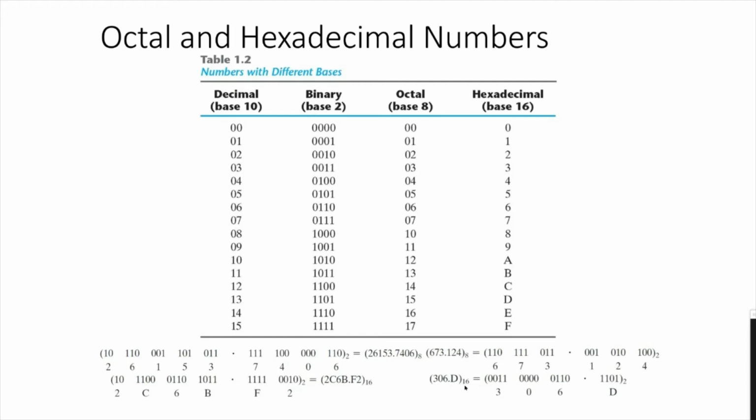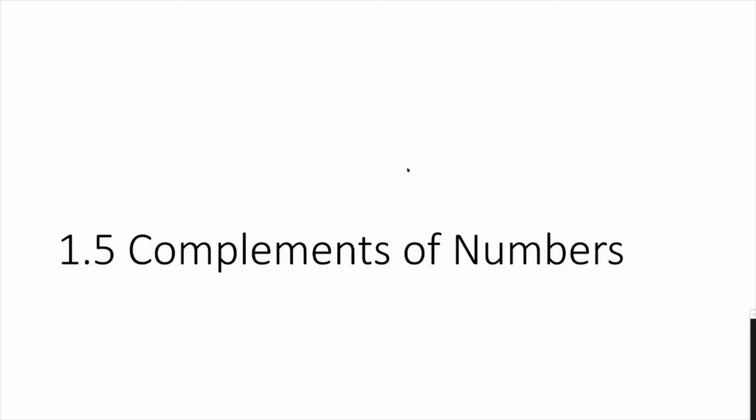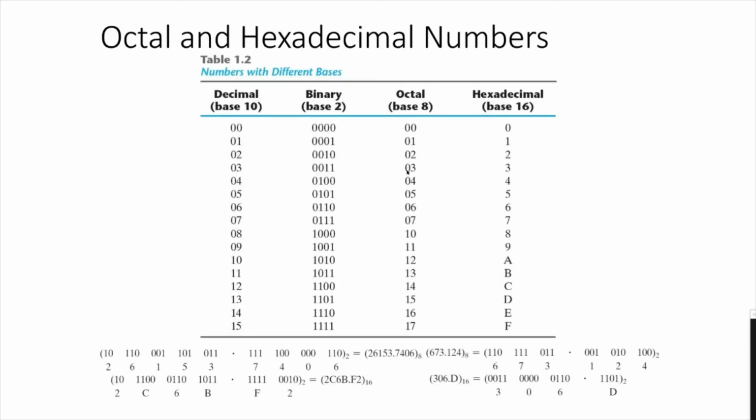This is going from base 16 to base 2. Okay? And that's pretty much it for going between octal and hexadecimal numbers, or in this case, we're going between the different bases of the number systems. So you can take a look at some of the examples in the text to see that done. But that's the basic process.